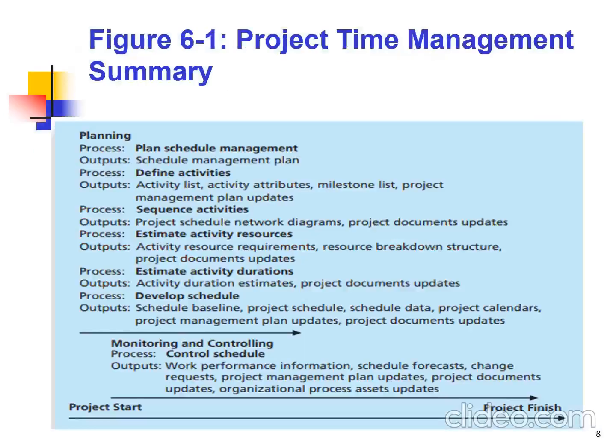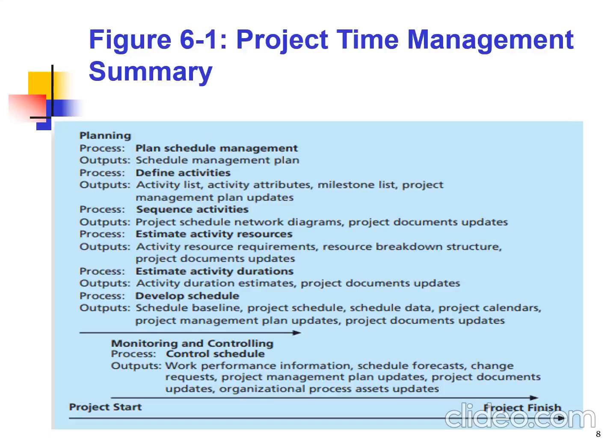So this is the project time management summary. We have in the project group of planning, we do processes like plan schedule management. Then we also do definition of activities. Then we do sequencing of activities.